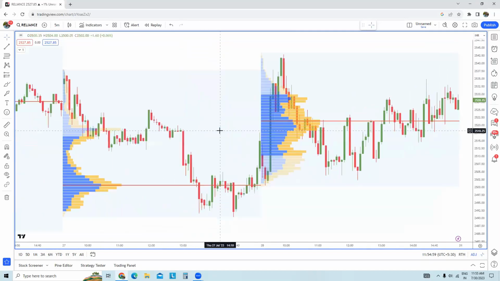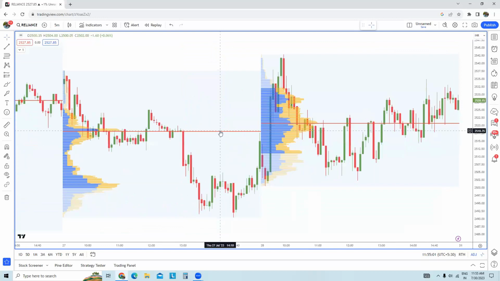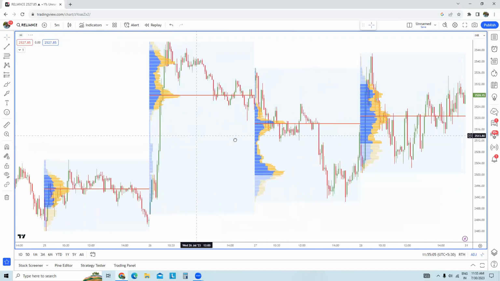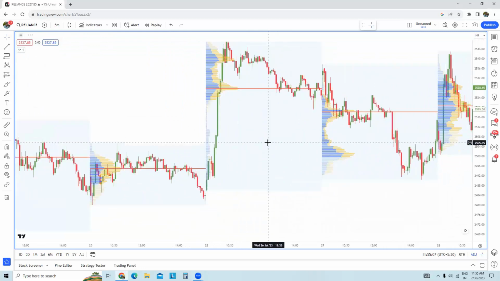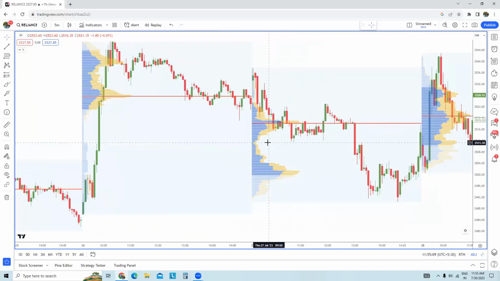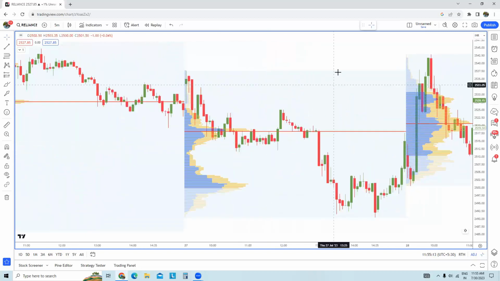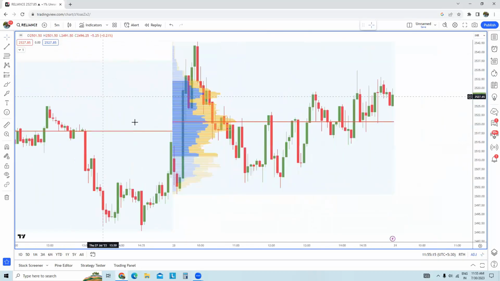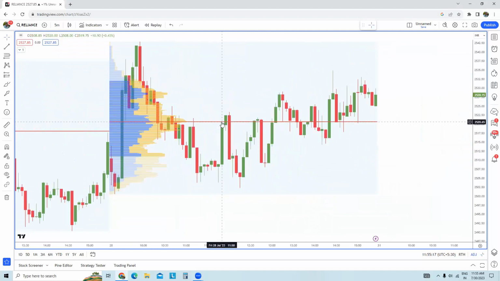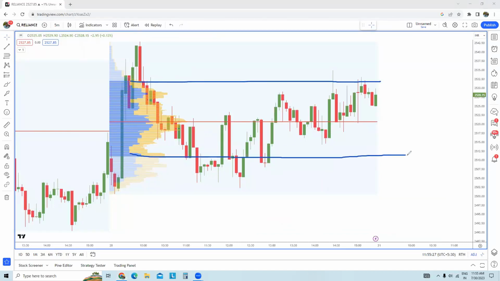Automatically the volume profile indicator will provide you the information at what particular level the maximum amount of volume has been generated. Say, for example, on Friday, the maximum volume was generated at the price of 25.20. But if you check properly, this was the range where the maximum amount of volume was generated.